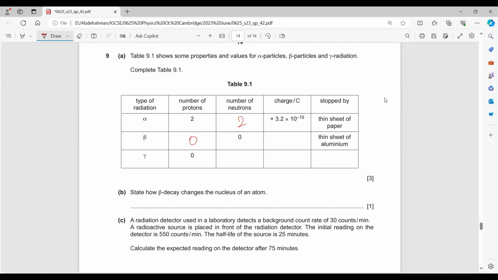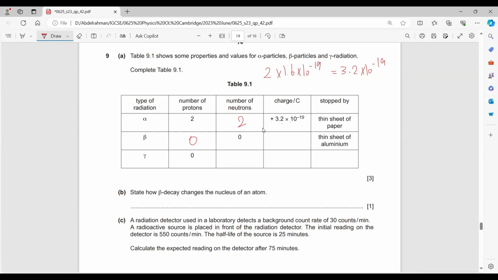One proton's charge is 1.6 times 10 to the negative 19. That's why the charge on the alpha is 3.2 times 10 to the negative 19, because you have 2 protons, positive 2. I said 2 times 1.6 times 10 to the negative 19, which gave me a total charge of 3.2 times 10 to the negative 19.